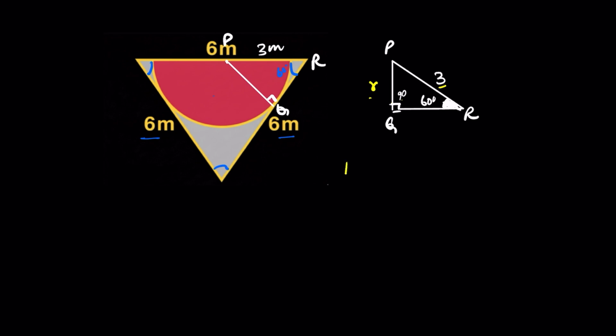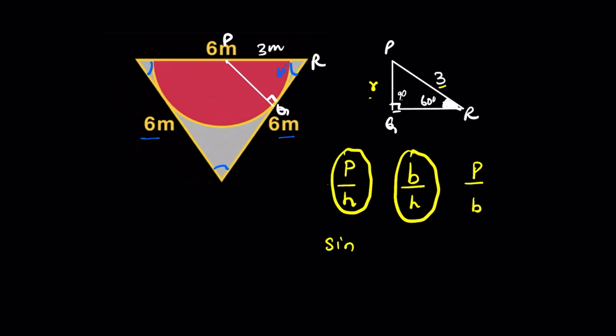You can follow this formula: P by H, B by H and P by B. P by H is for sine, B by H is for cosine and P by B is for tan, where P is for perpendicular, H is for hypotenuse, and B is for base. The angle here is 60 degrees.